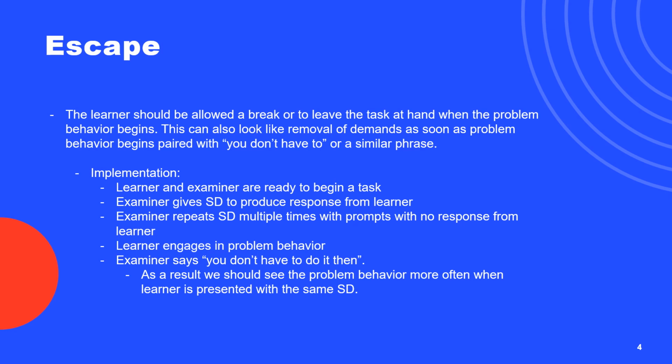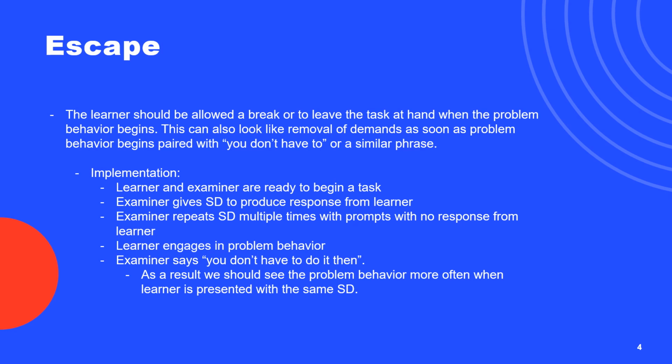So here we go on to the implementation. So step 1, learner is ready to begin a task. Examiner gives SD to produce response from learner. Examiner repeats SD multiple times with prompts with no response from the learner.